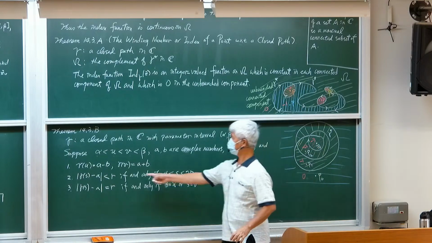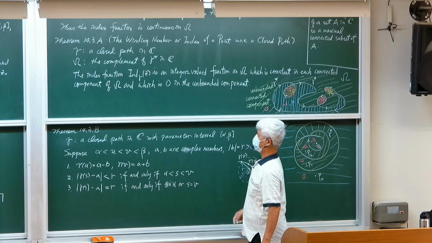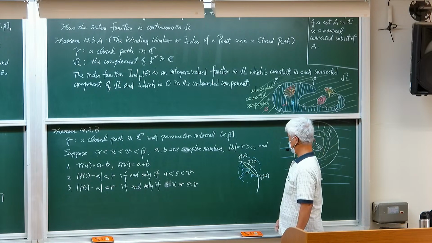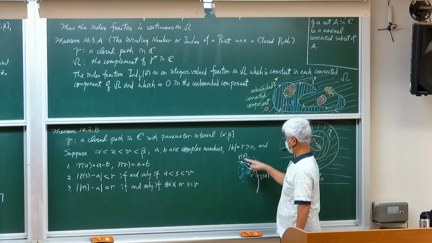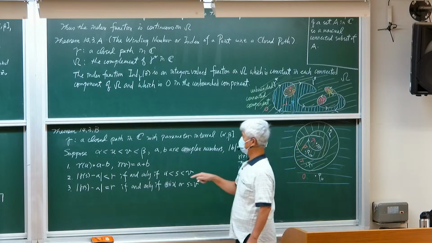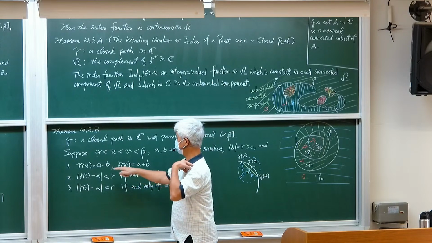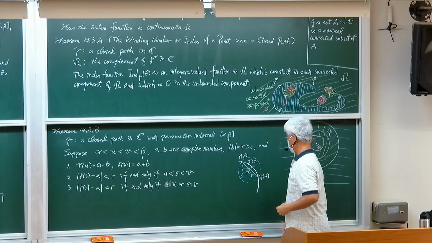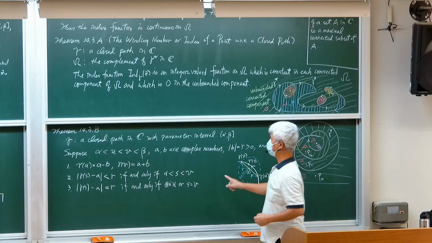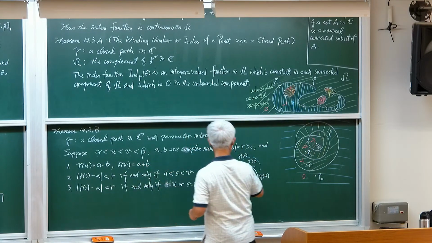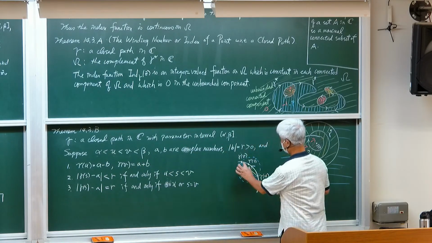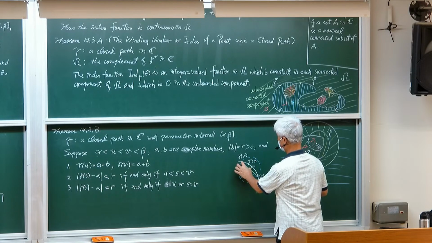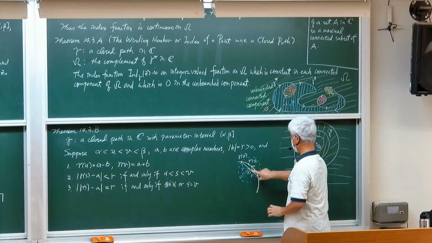Okay, so this is the situation. And A plus B, so the B would be this number. Okay, so the distance, and here is minus B.